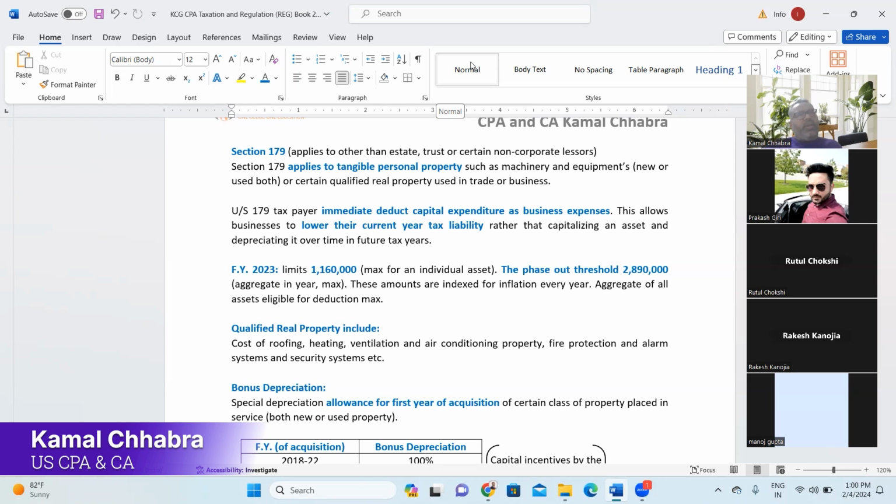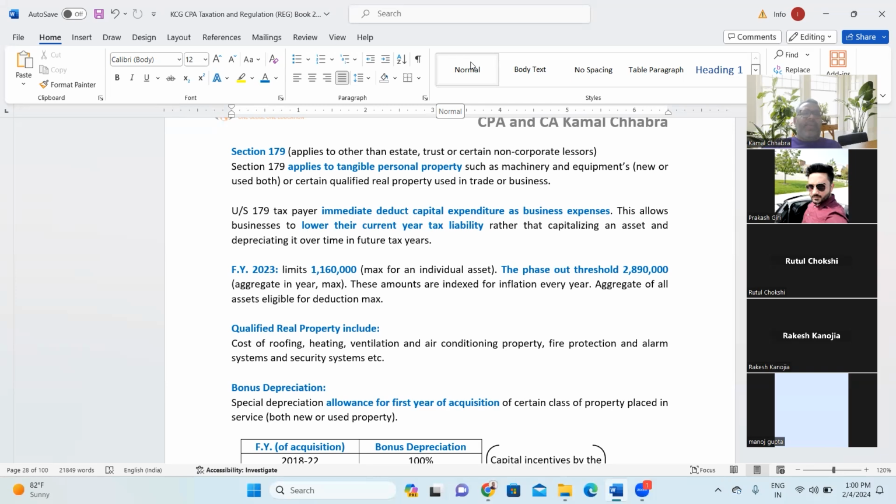In addition to that, for the people who are making investment over there, the government is giving a lot of tax benefit, both GST benefit as well as central government tax benefit. The central government tax benefit includes additional depreciation and bonus depreciation as well.